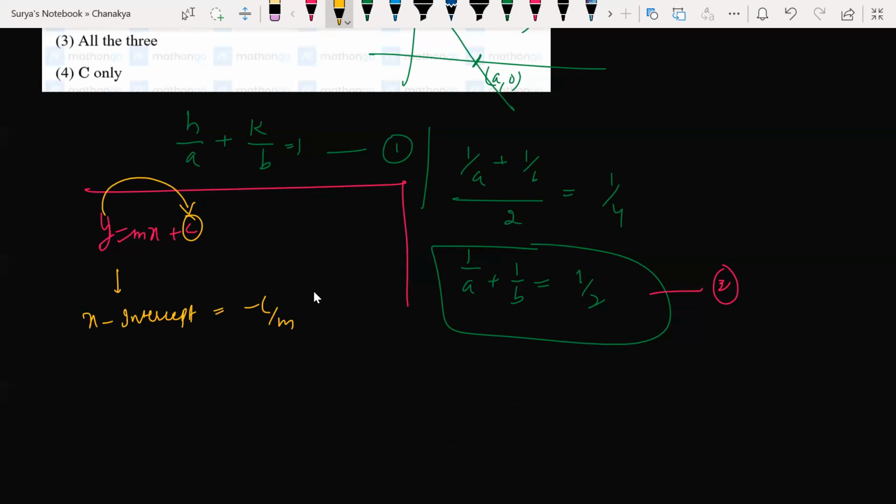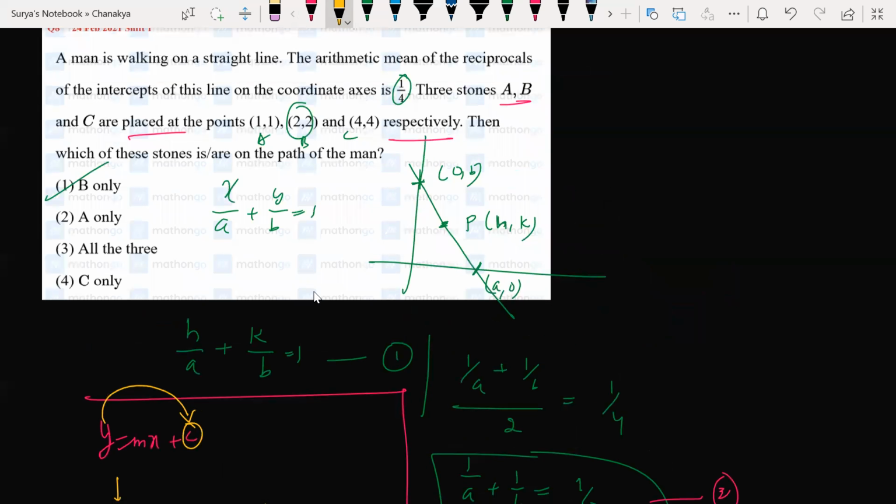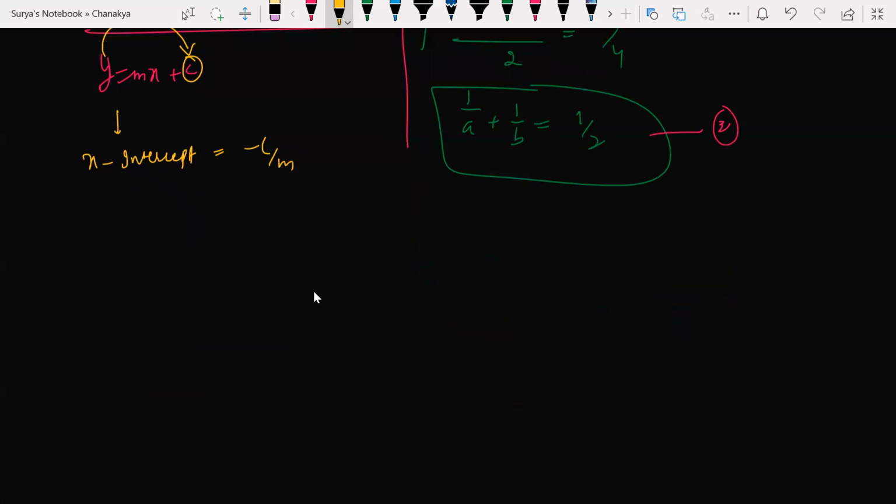He has given the arithmetic mean of the reciprocals of the intercepts.